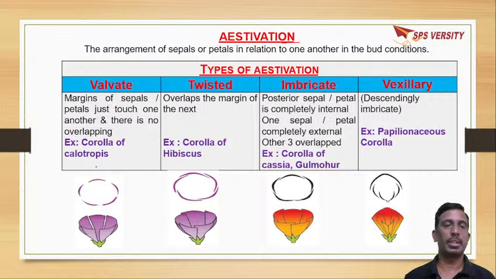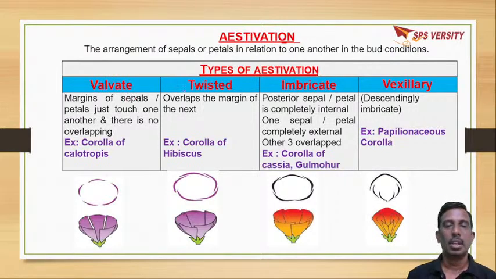So picture में देख सकते. So these are sepals or petals. Here you can see these sepals and petals are arranged freely without overlapping. So they don't touch one another, they are without overlapping. It is called valvate estivation.